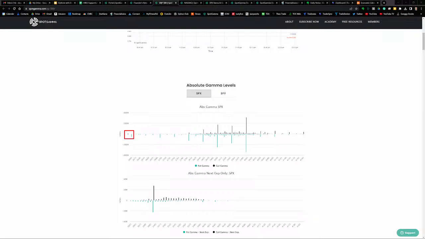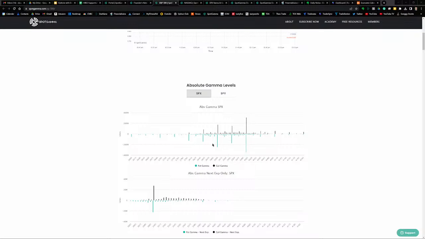Above that line, the black bars are showing call gamma or positive gamma, and below that line the teal bars are showing put gamma or negative gamma. And this is the 4,000 level. That is the absolute or key gamma strike, the strike with the largest absolute gamma.